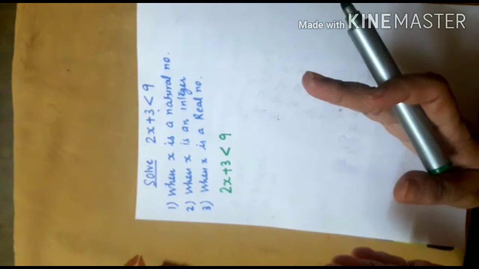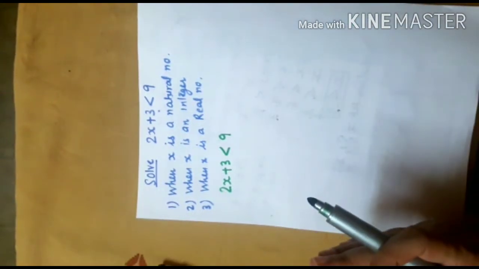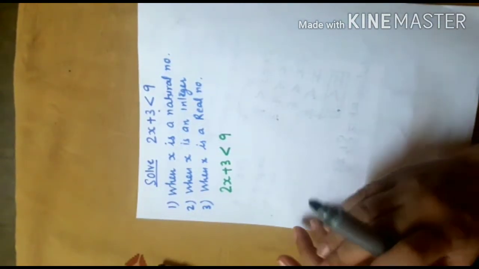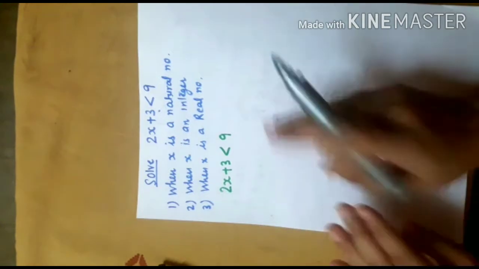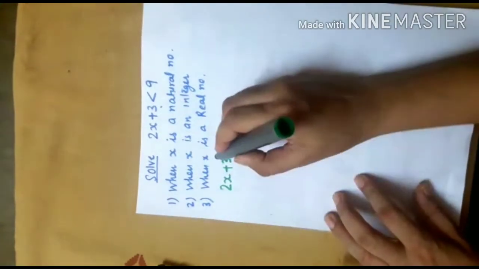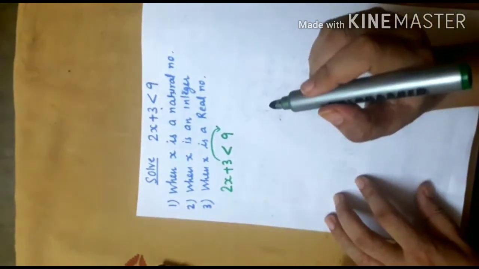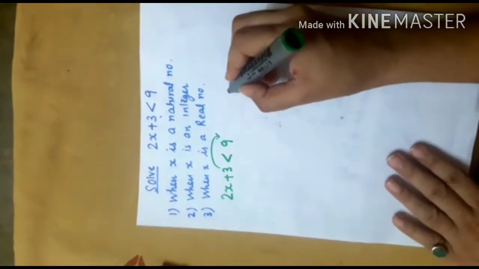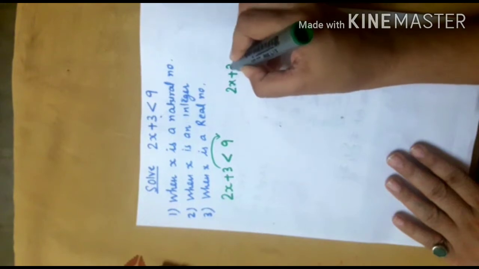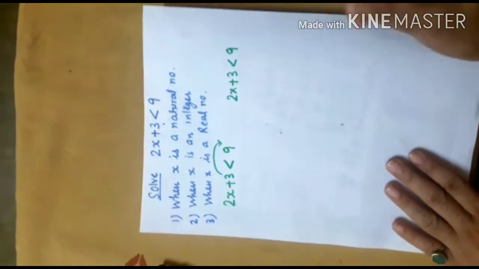As we do in equations, we collect all the terms containing the variable on one side and we transpose the remaining terms to the other side. So here I'll transpose 3 to the right hand side. Right? Yes, I'm given that 2x plus 3 is less than 9.